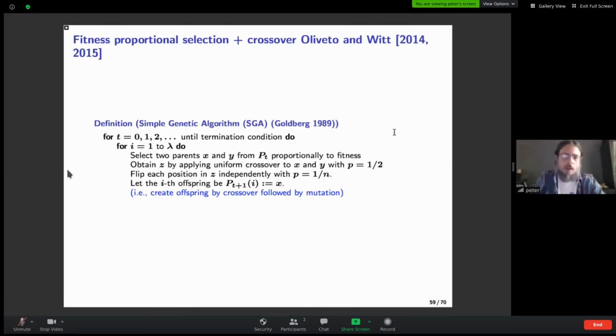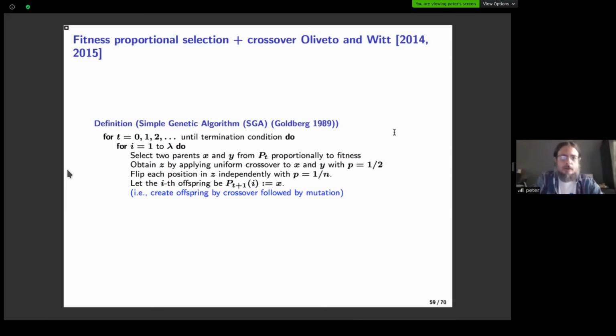Kristian has introduced the negative drift theorem for populations, which is a very general tool that can be applied to prove exponential lower bounds on the runtime of population-based algorithms, but it can only be applied with mutation-only algorithms and not with algorithms using crossover.